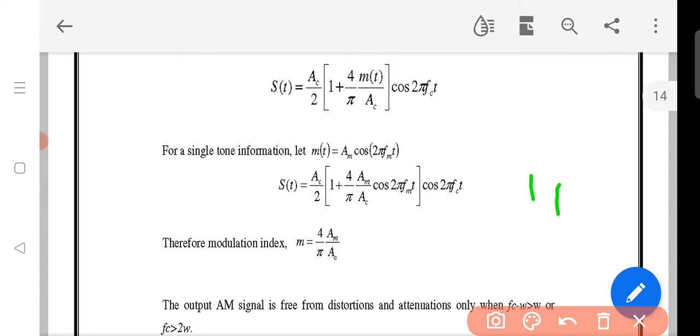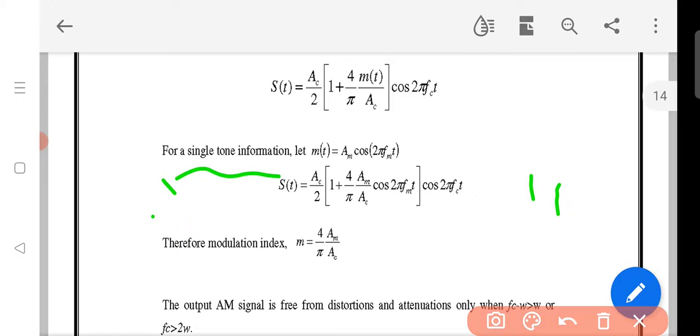So when a single signal is passed through, we just consider a single signal with a frequency, that is the single tone information. The single tone information is the single message or single modulated wave passing in a particular frequency. So you don't bother about that.